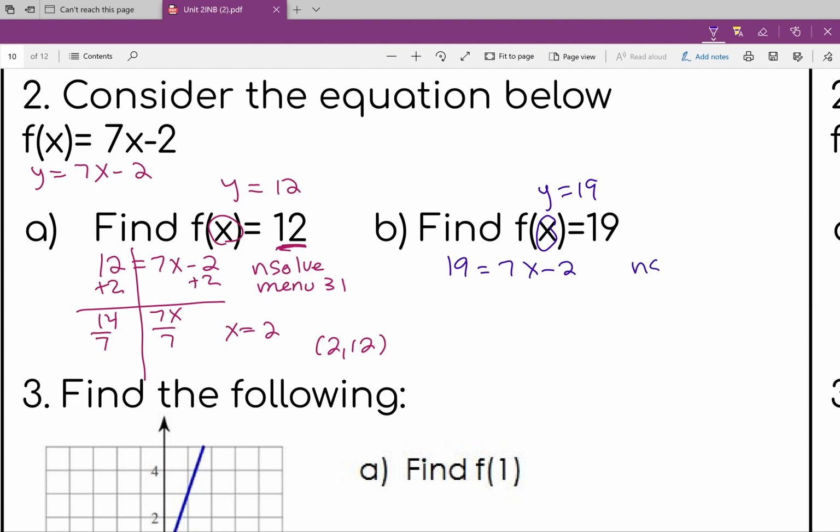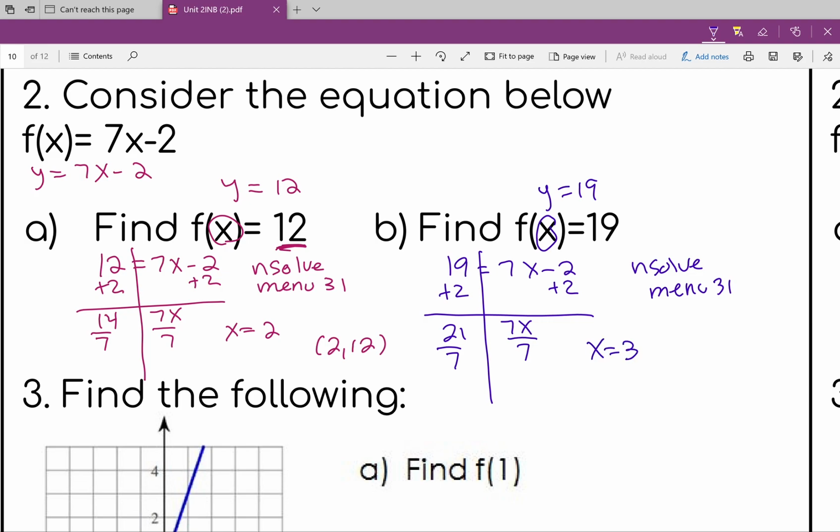Remember, we can use nSolve, menu 3-1, or we can solve by hand. So I'm going to add 2 to the other side. 19 plus 2 is 21. Bring down the 7x. Divide by 7, and I get x is equal to 3. Since x is equal to 3 and y is equal to 19, this is the point 3, 19.